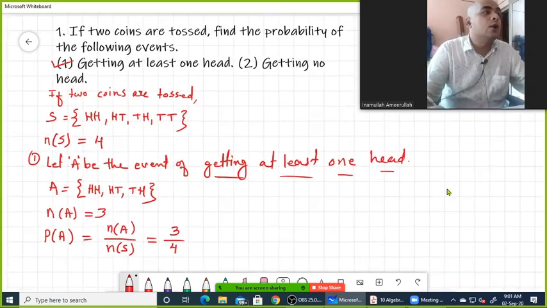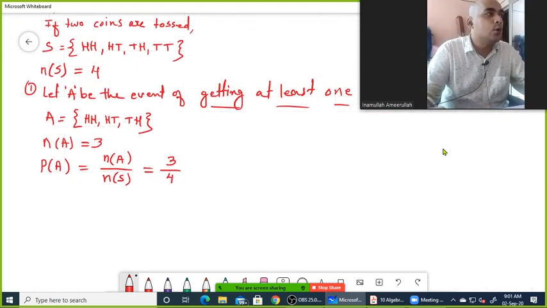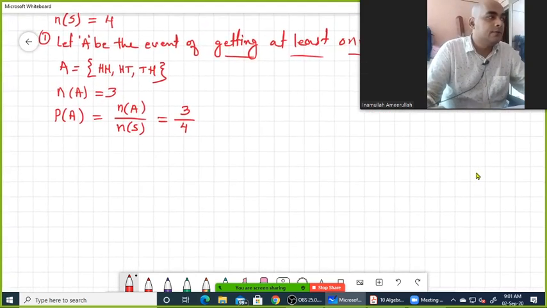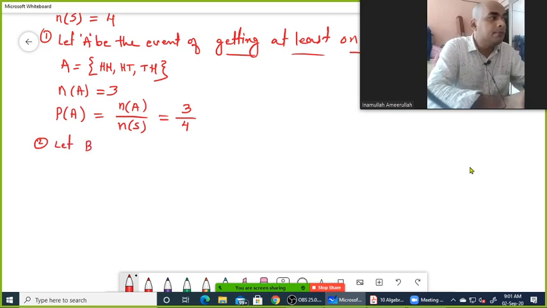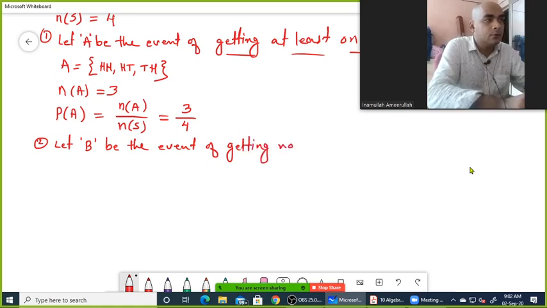The second one is getting no head. So here we will consider a name for this event. Let B be the event of getting no head.